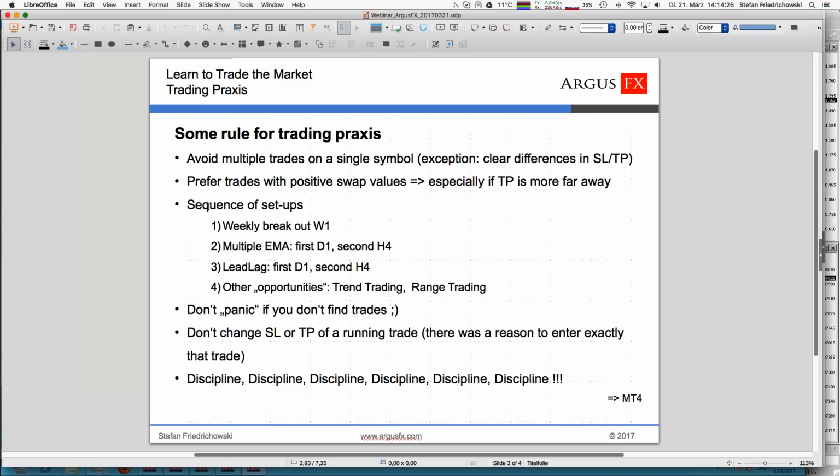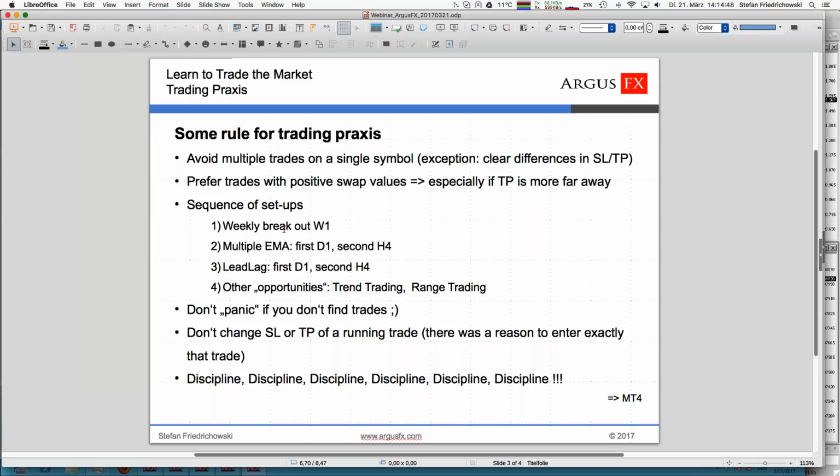In general, what I do is the following sequence in order to go through our different kind of setups. I always start with the weekly breakout W1 and place those orders according to that specific setup. So that is a starting point.